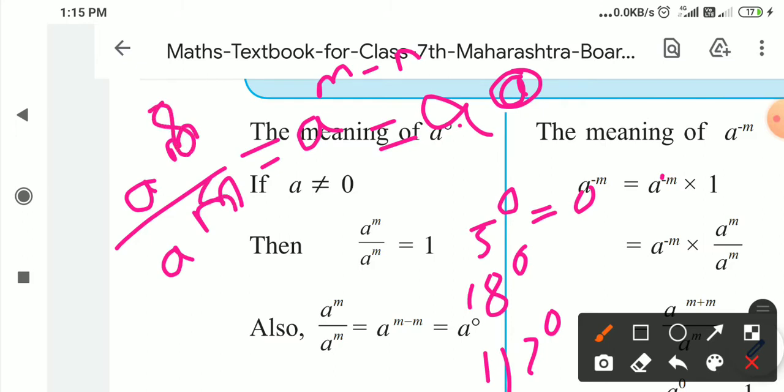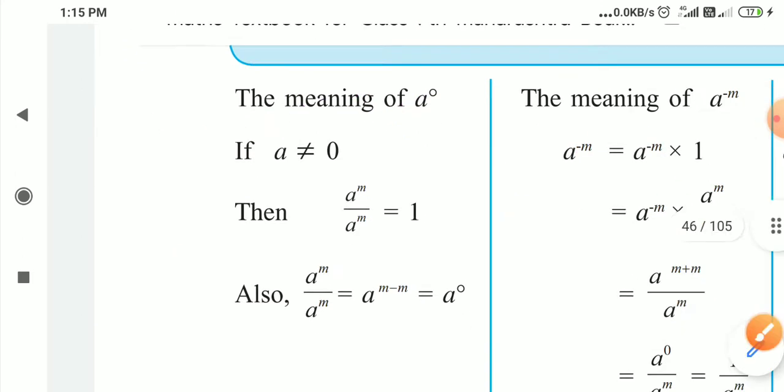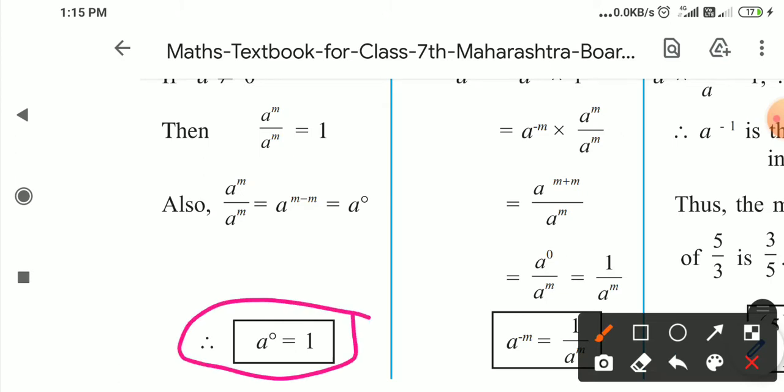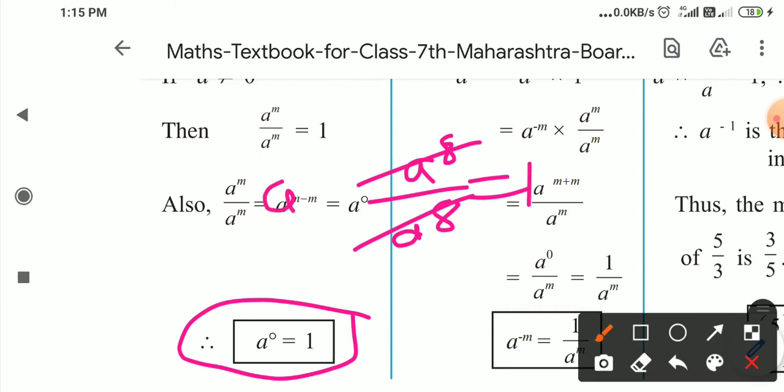A raised to 8 divided by A raised to 8 means A raised to 8 minus 8 is equal to A raised to 0. At that condition, A's power is 0, and then A raised to 0's value is always 1, because A raised to 8 cancels with A raised to 8 and its answer is 1. Means A raised to 0 is equal to 1.